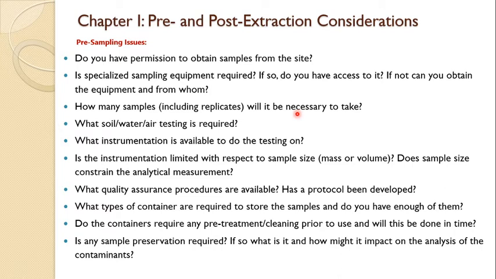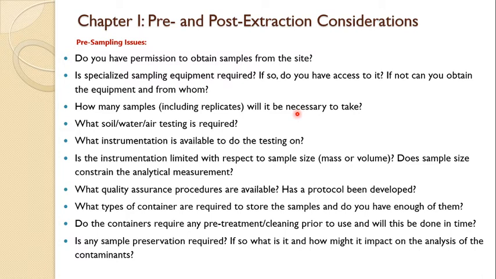Then, what instrumentation is available to do the testing? Suppose you have obtained the permission, then you need sampling equipment to collect the sample. You have to collect the necessary sample from soil, water, whatever. Then what is next?